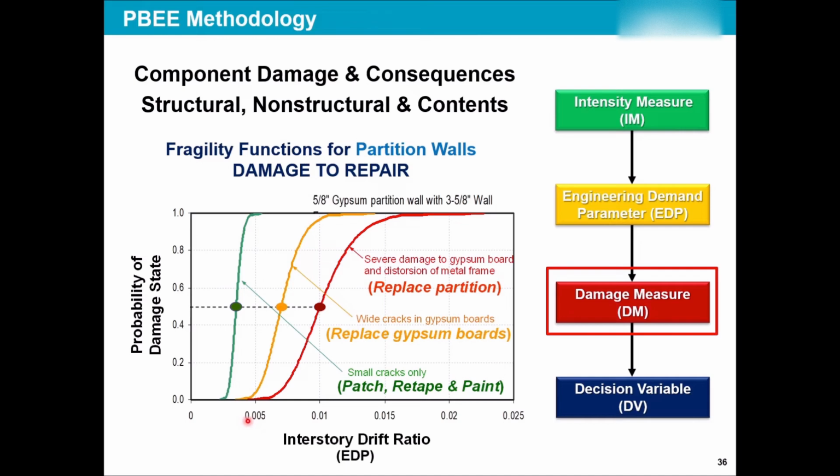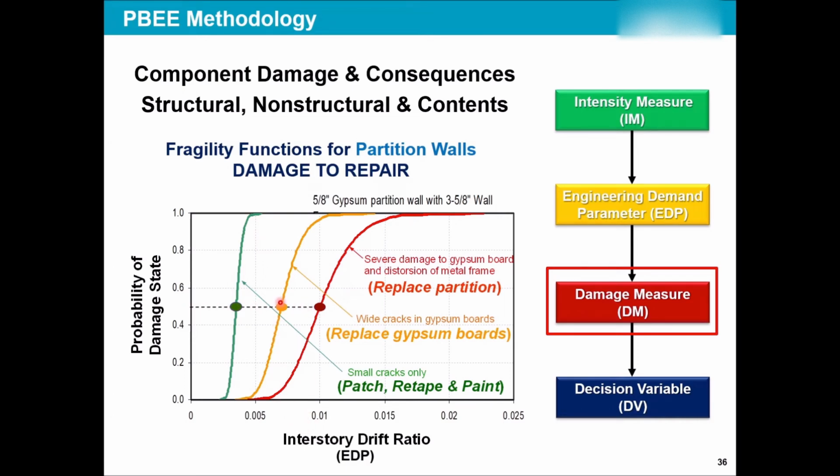You can see that under, let's say, this EDP of interstory drift, at very low interstory drifts there are small cracks only, there's no problem, you just repaint it and everything will be fine. Probability of 50%, let's say.